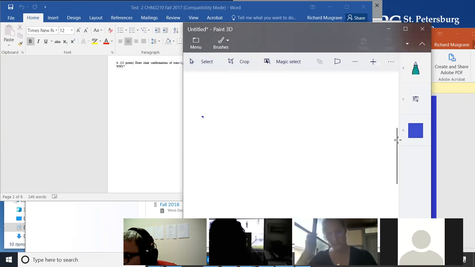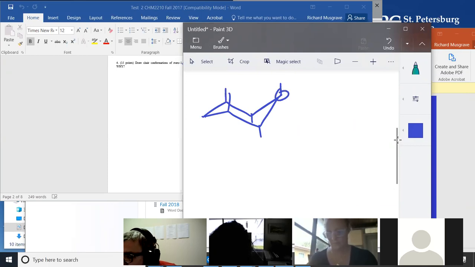Now, it doesn't matter which one you start with, which lightning bolt, but put the axials in first. You'll notice I started here at the one that was puckered upwards, and then put your equatorials in.